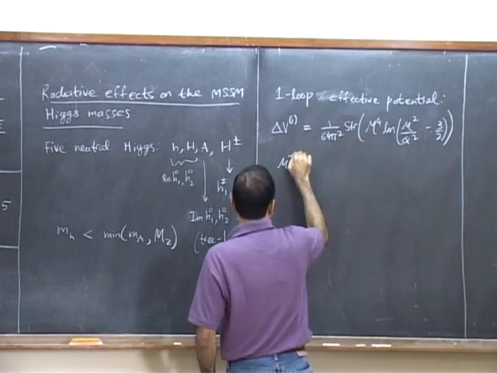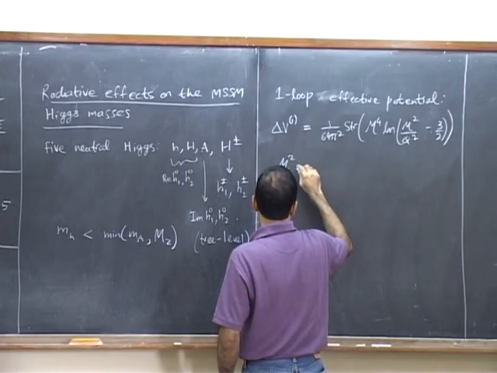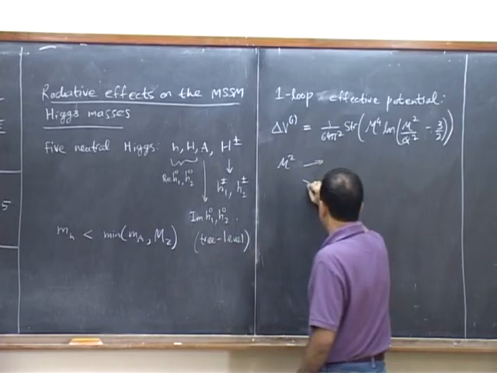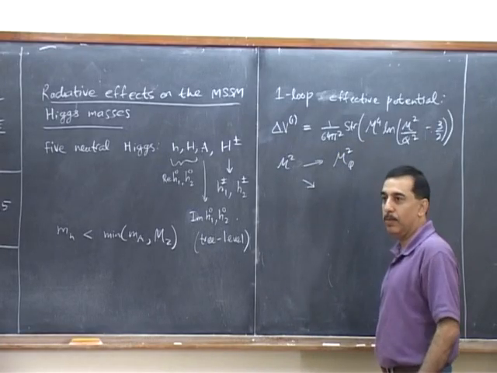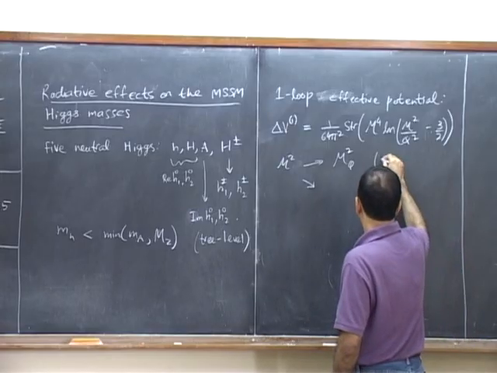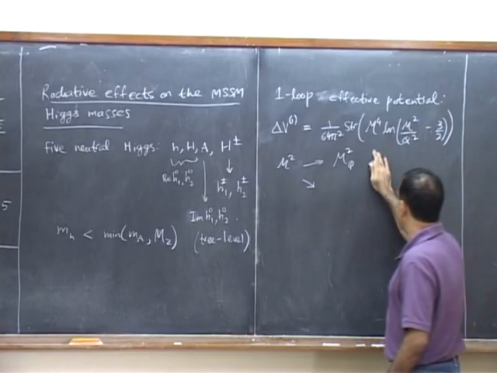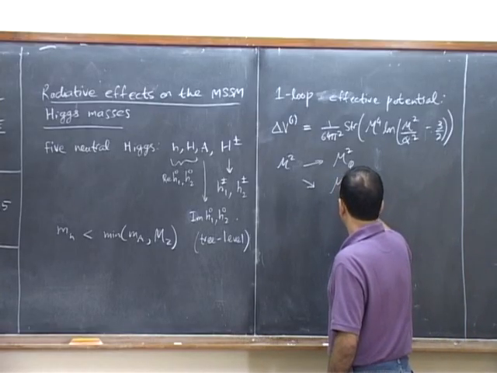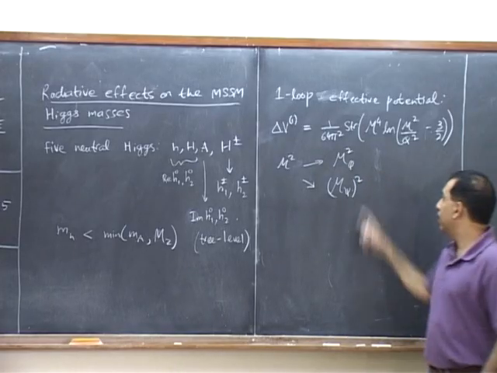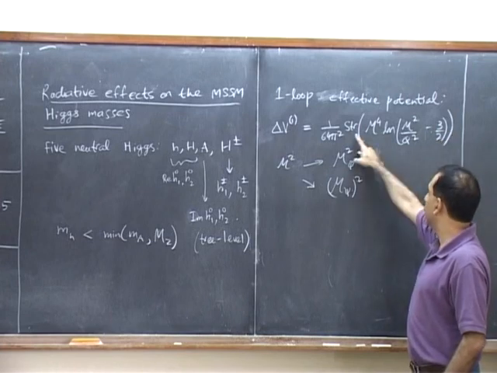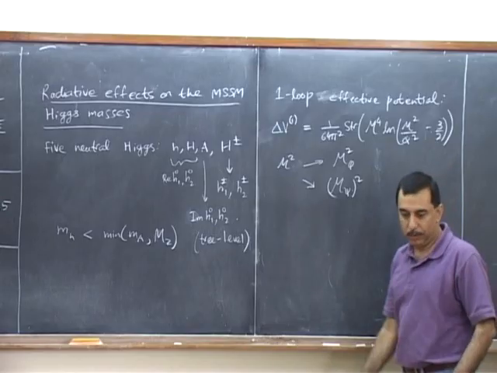So M squared has 2 possibilities. It's either M squared for some boson, the mass squared matrix, which is an n by n matrix, where there are n bosons in the theory, whatever that number, and it can also be the square of the mass matrix for fermions. And the point is that you sum this over all bosons that couple to the Higgs with a plus sign, and then with a minus sign over all fermions that couple to the Higgs.